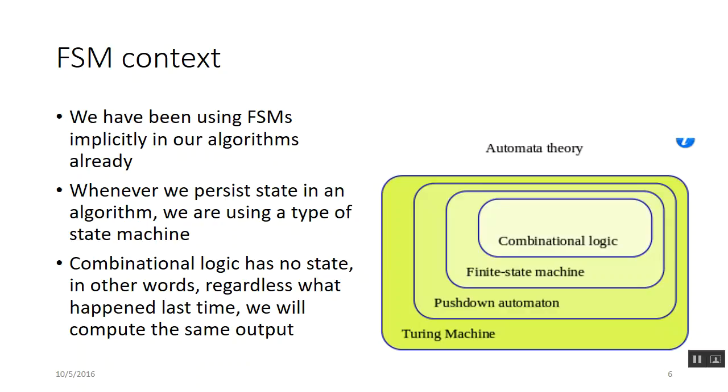That's a combinational type of logic. We're kind of going one out from that, and we're talking about a finite state type of logic. And we can keep going out, but I'll just kind of direct your eyes to the bottom of the diagram there. It says Turing machine, which contains all of those pieces.